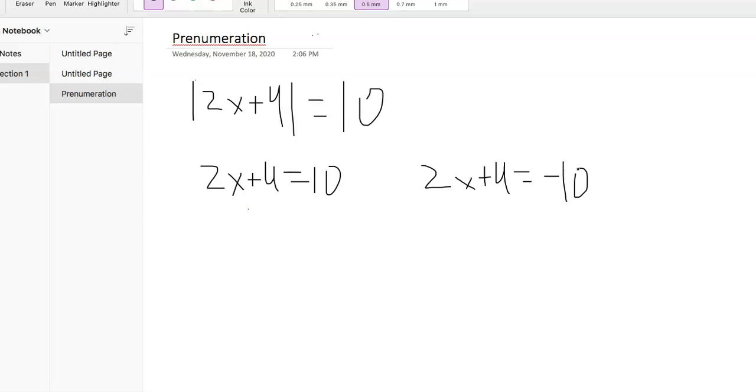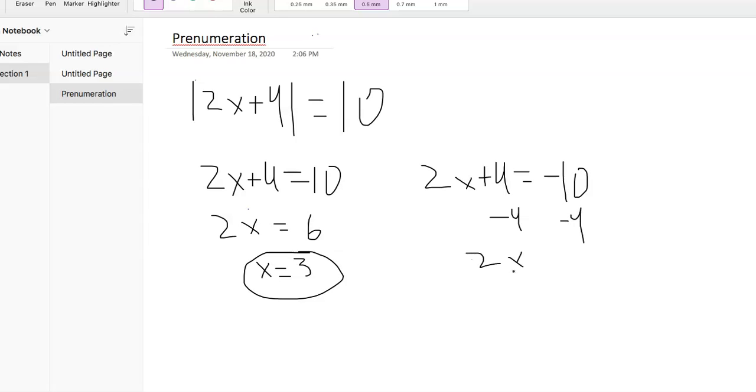Okay, so if we were solving for the one on the left first, we'd subtract 4 from both sides, get 2x, 10 minus 4 is 6, x is going to be 3, divided just by 2 on each side, get rid of that 2 on the left. Okay, so there's one of my answers. Okay, then on this one, I would subtract 4 from each side. 2x.